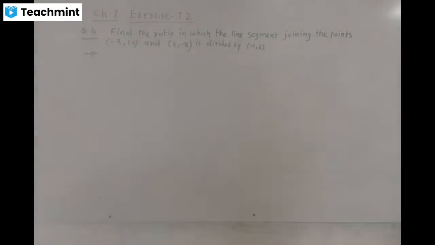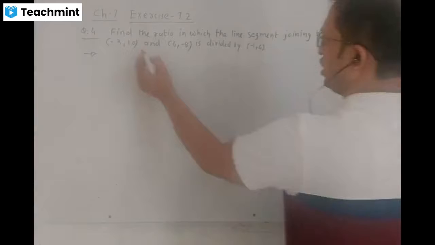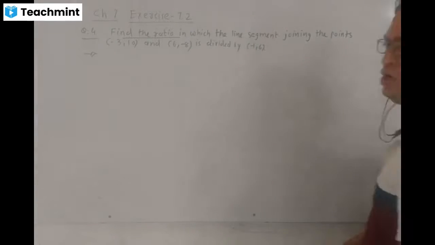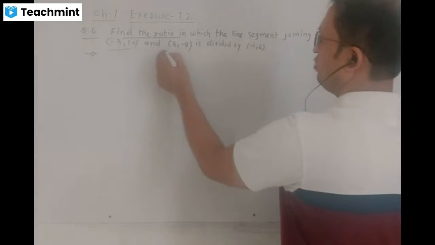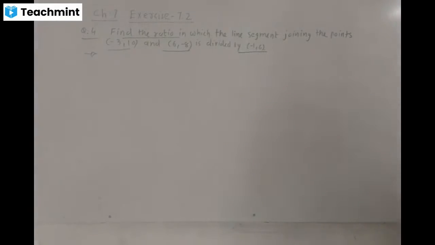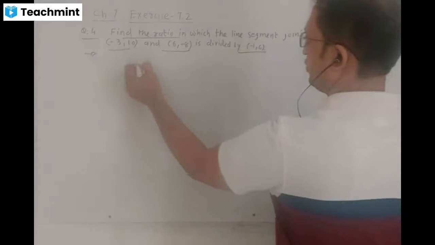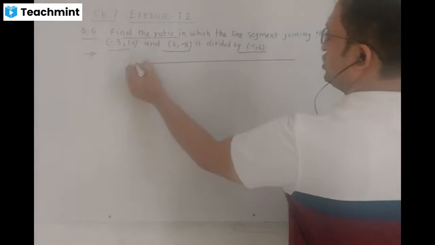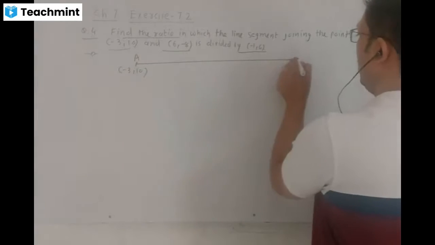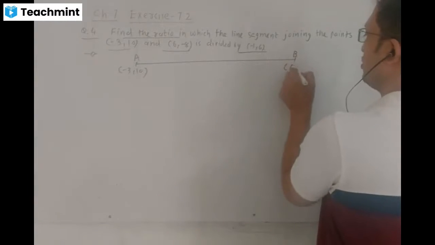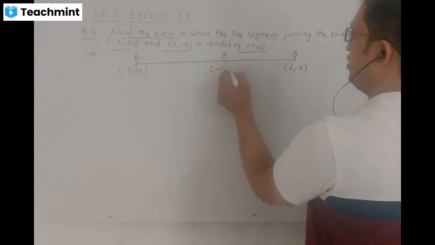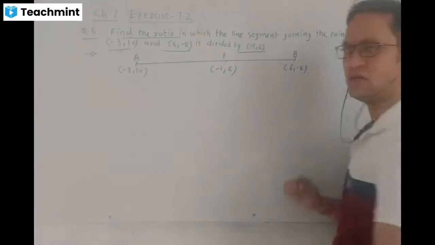Question number 4. Find the ratio m1 is to m2 in which the line segment joining the points A(x1, y1) and B(x2, y2) is divided by the point P(x, y), which is (minus 1, 6). See here, A(x1, y1) is (minus 3, 10) and B(x2, y2) is (6, minus 8), and the point P divides the line segment AB at the point (minus 1, 6).